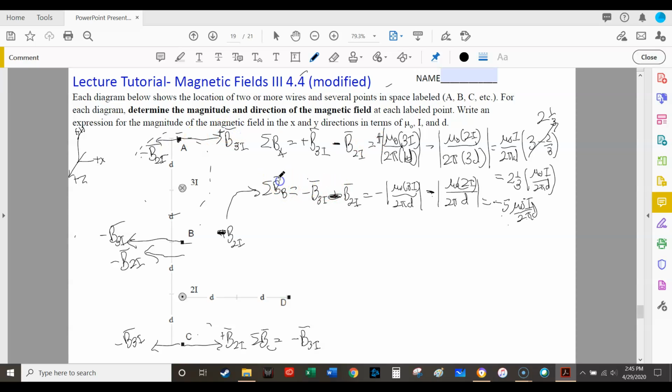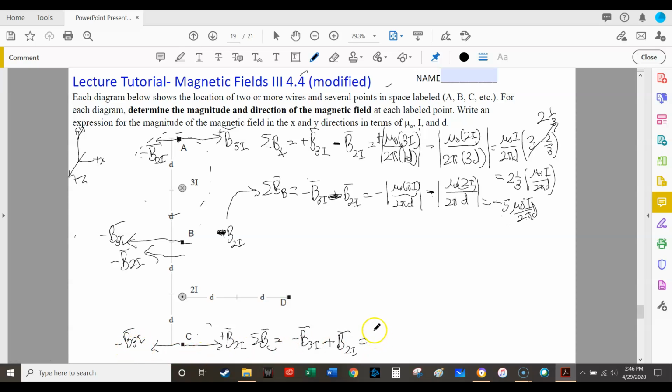Even though my handwriting isn't great, I could still be precise as far as my math. So anyways, they're subtractive. The 2I wire's magnetic field is going to be pointed to the right. The 3I wire is pointed to the left.